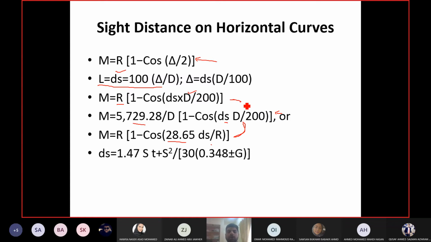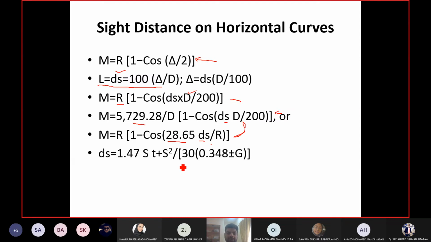Now for calculating ds, ds is the sight distance, right? We have studied in the previous chapter that we have passing sight distance, we have stopping sight distance, and so on. So ds can be replaced with any sight distance you want to provide on the curve. If you want to provide passing sight distance, ds will become passing sight distance. But generally, the minimum criteria is that ds should be equal to stopping sight distance.